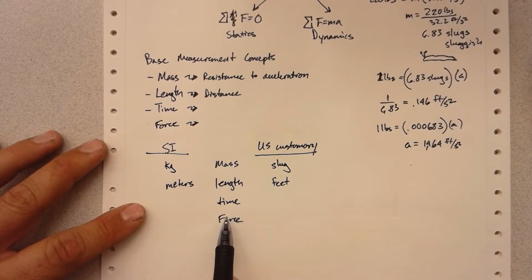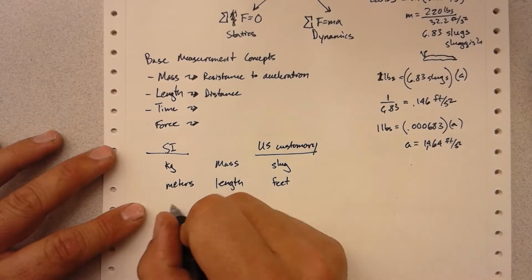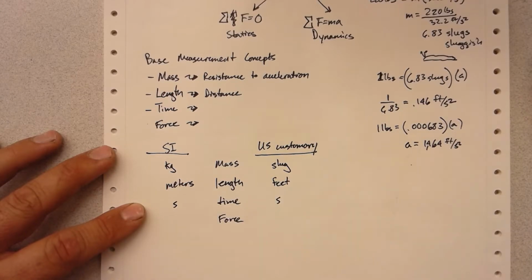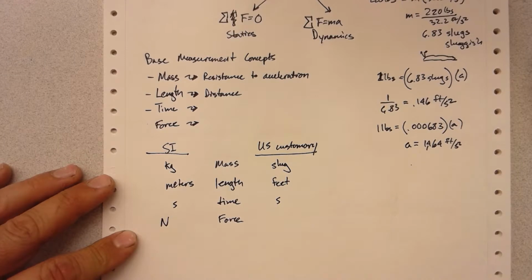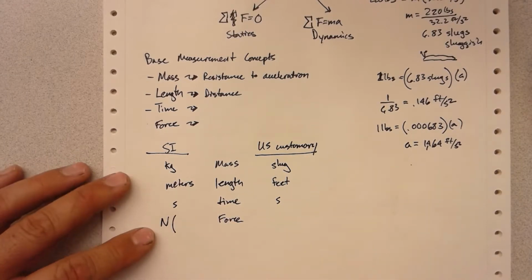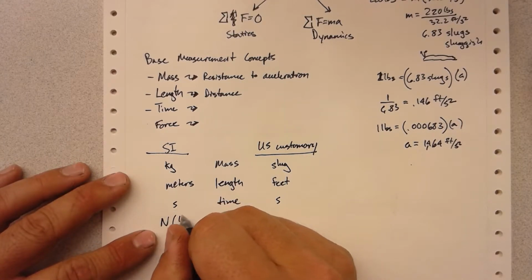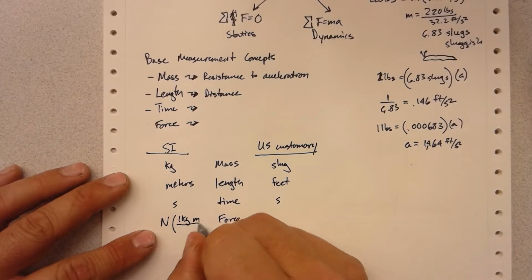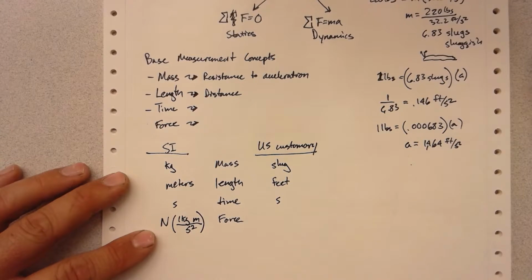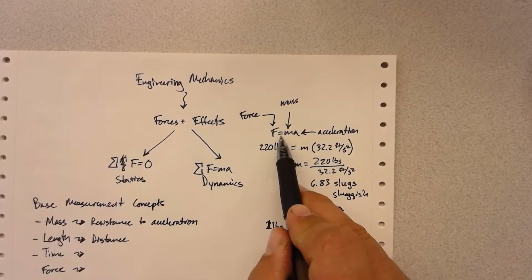Time. Well, we use, let's say, seconds for both of those, okay? And in force, in the SI system, that's a Newton, which is 1 kilogram accelerated at 1 meter per second squared. So it's a kilogram meter per second squared. And I'm getting that directly from F equals ma.